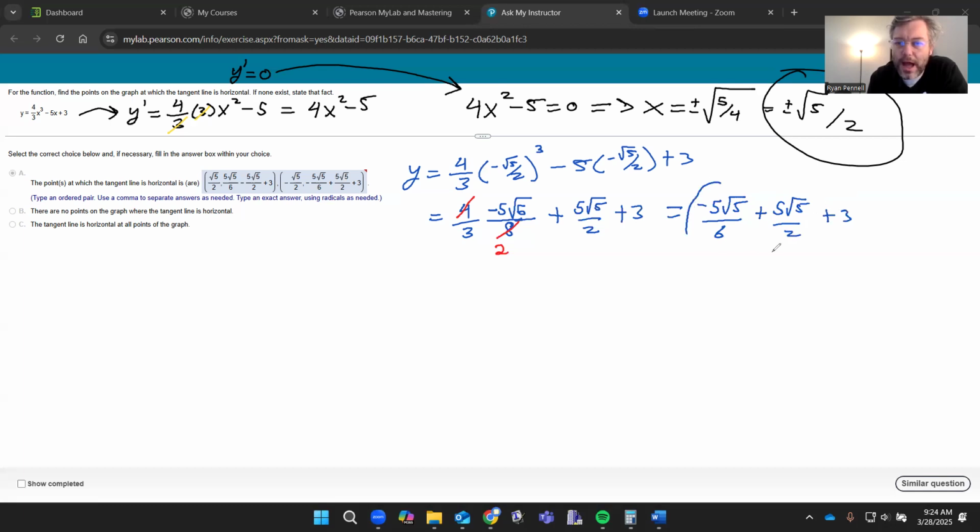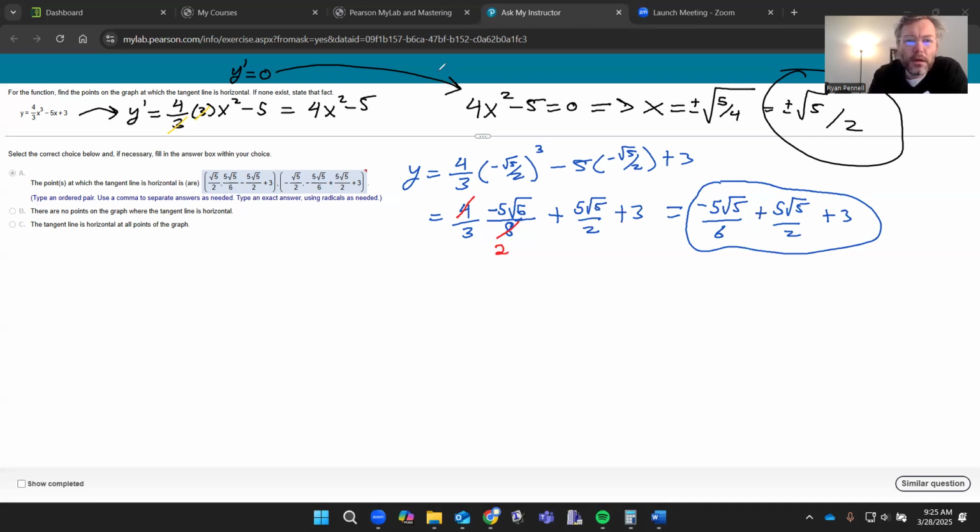I think that's the output if you plug in the negative. Does the computer agree? I think so. Yeah, I think that's the same.